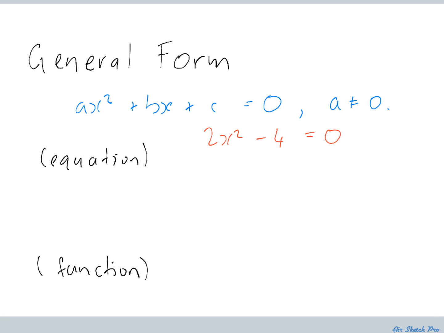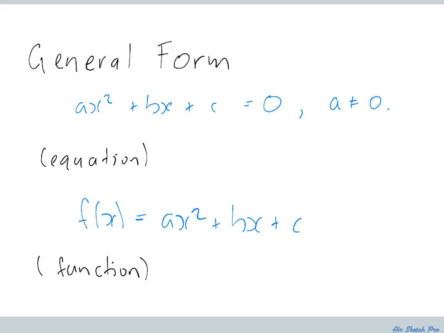So that's a quadratic equation, and a quadratic function is just f of x equals ax squared plus bx plus c. That is the function form of a quadratic. And it's a function, we can graph it.